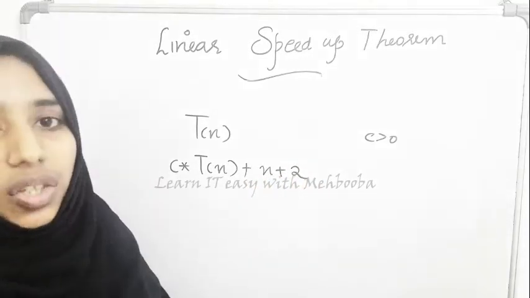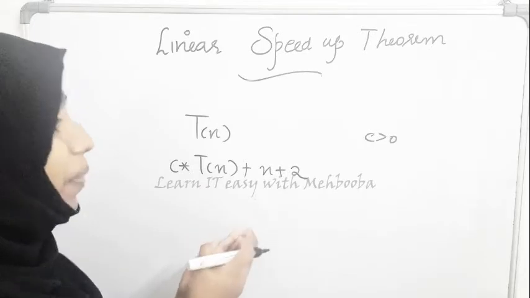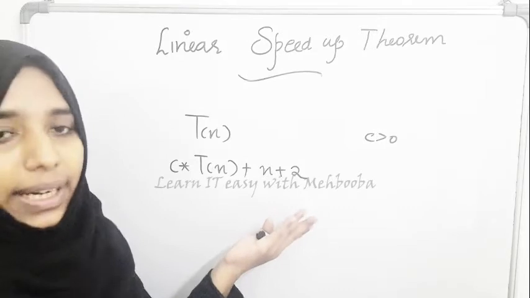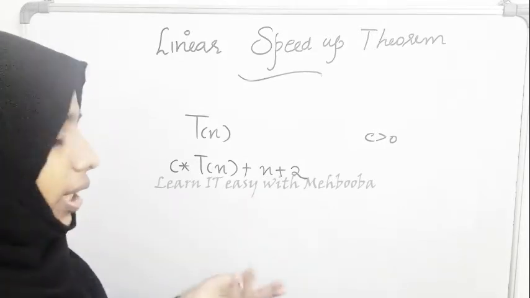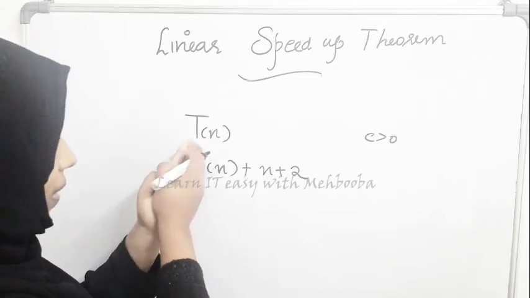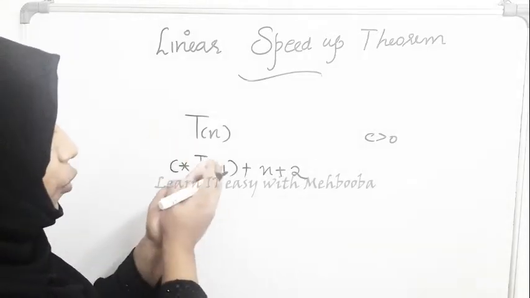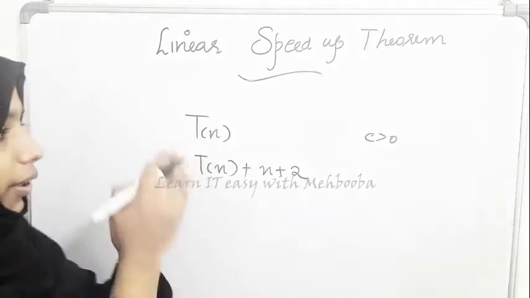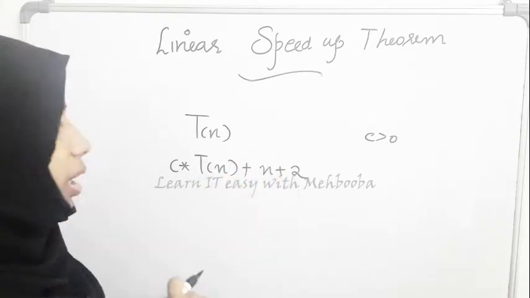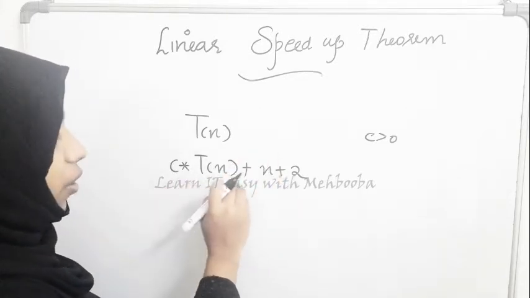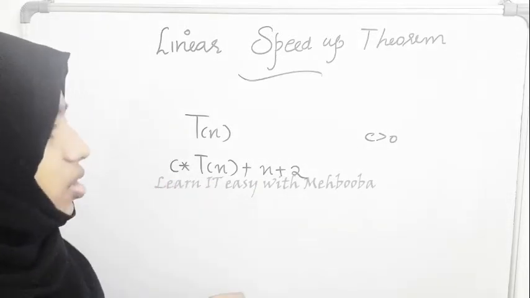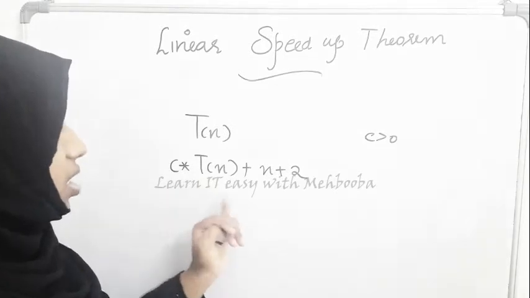That is, there exists another Turing machine which can perform the same task. If it is a multi-tape Turing machine with some t tapes, this also will be a multi-tape Turing machine with at most k number of t tapes. So if a t-tape Turing machine is performing some job in t of n time, there exists another t-tape Turing machine which can perform the same work in c into t of n plus n plus 2 time at the maximum, where c is a constant greater than 0, so c is a multiplicative factor.